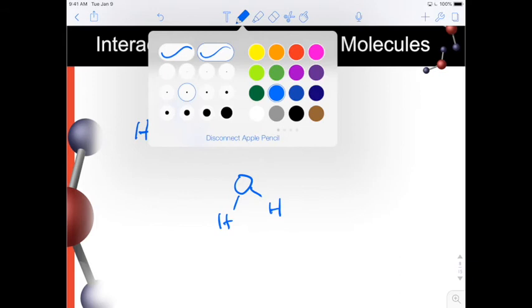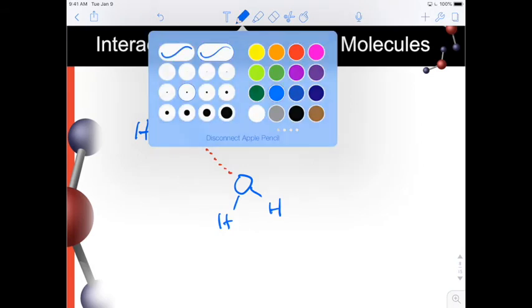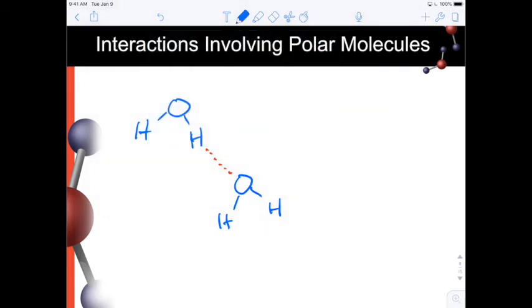And now, because there are dipoles here, we get this attraction. Now, remember, the hydrogen has a partial positive charge on it, and the oxygen has a partial negative charge. That's why they're being attracted to each other.